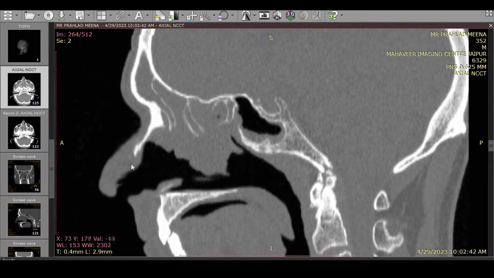Now, coming from anteriorly, here is the beak. See the lower edge of the beak. Coming from here, how will we reach the dome of the cell? Just removing the beak, so that will require a drill. The frontal recess is also opening in between the agger and the frontobullar cell.